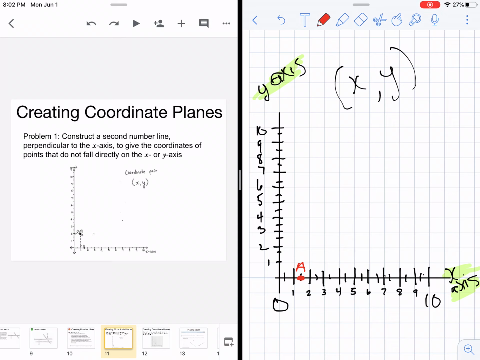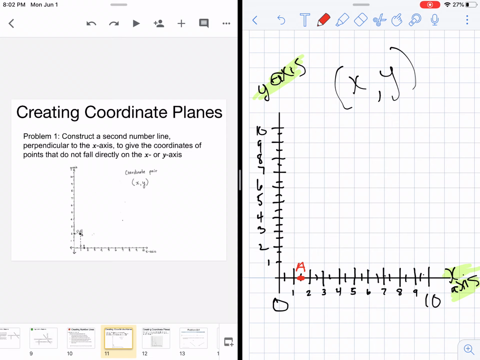But how can we describe the location of a point that doesn't lie directly on the line X? So make sure you know how to do that, which is what we just went over. So we have our point A there.